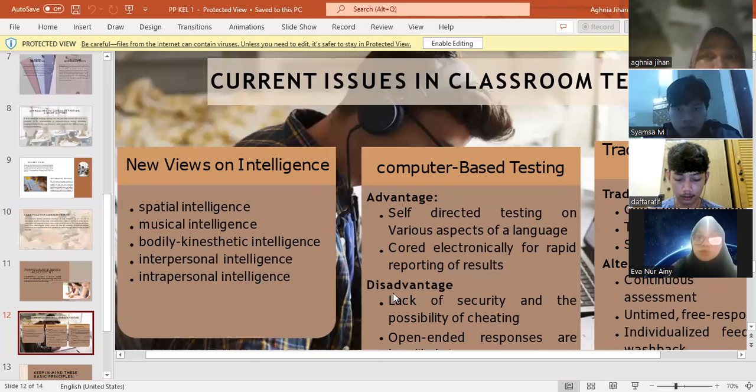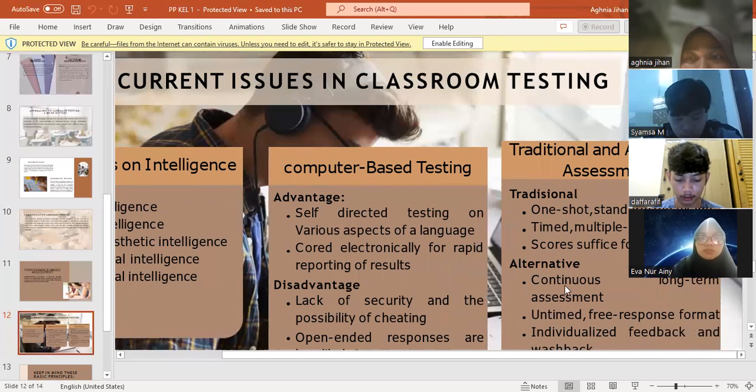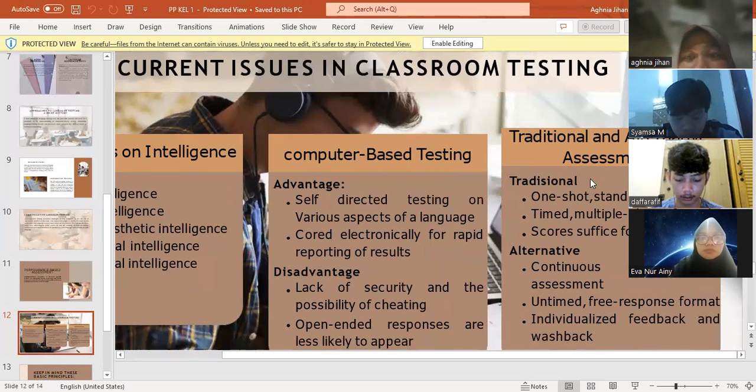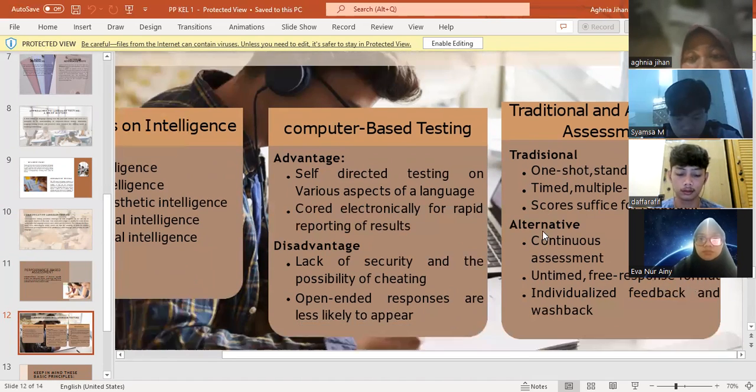And next is computer-based testing. We move into traditional and alternative assessment first. The traditional one, we can differentiate it with this: one-shot standardized exams, whereas alternative is continuous long-term assessment.